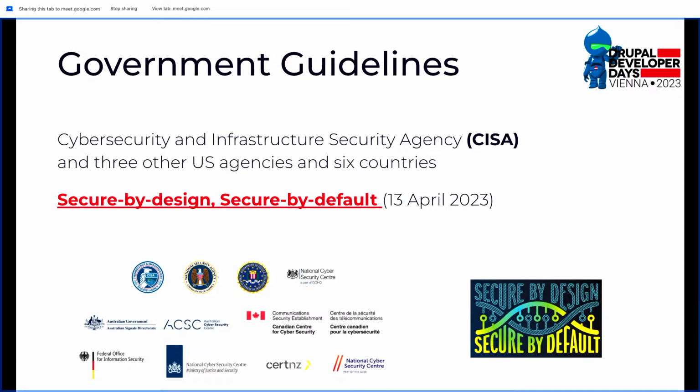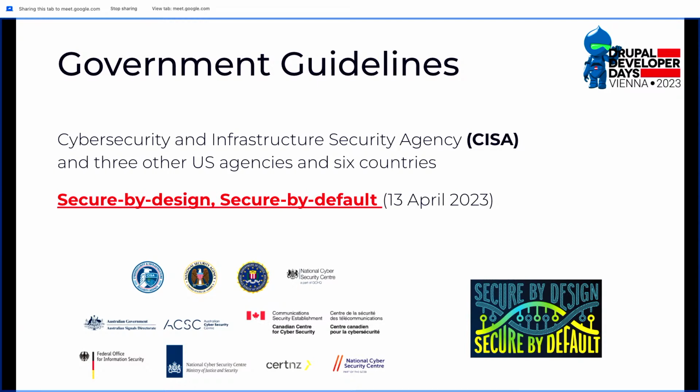This is a paper which defines and talks about secure by design and secure by default. Secure by default for products: for example, when you buy your smart speaker or something, there's a default password 000, or it used to be on even electric cars, where anyone can just connect to the electric car, because no one changed the default password. There were lots of hacks of electric cars just because of that.